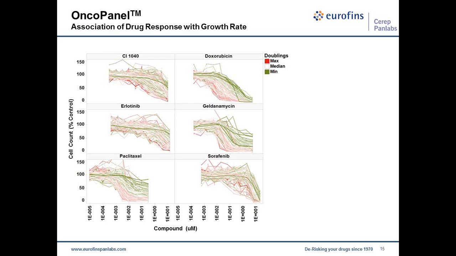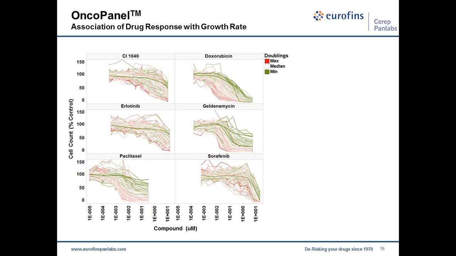One of the reasons that looking at doublings within the assay is important is that in some cases, when the mechanism of action, for example, is poorly understood, this can provide useful information in terms of how the drug is behaving and what drives drug behavior. If you take, for example, the 3 reference compounds that we've tested in Oncopanel, each curve represents the dose response curve for a different cell line, and the color coding is by the number of doublings within the assay.